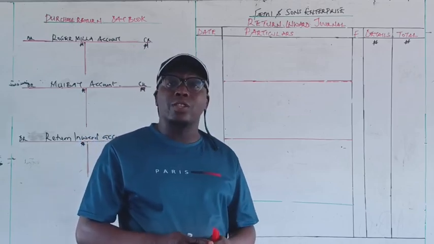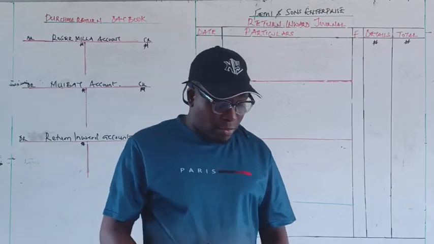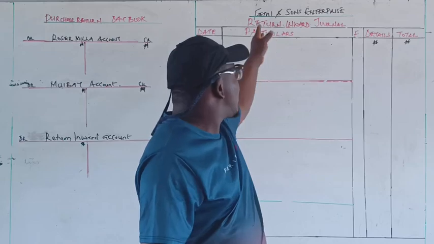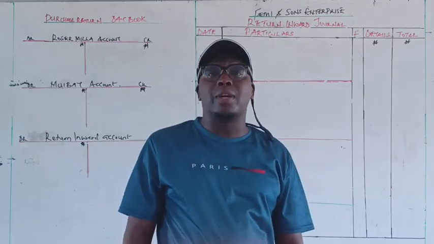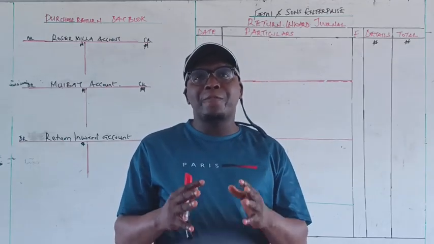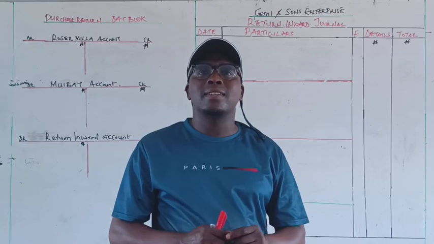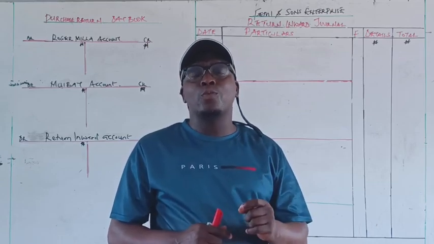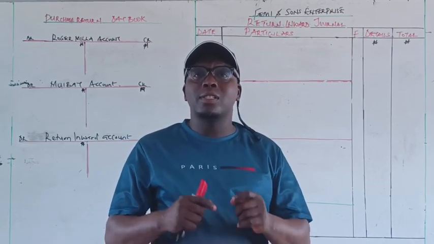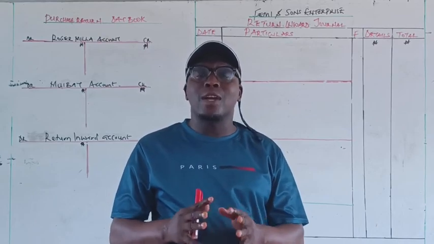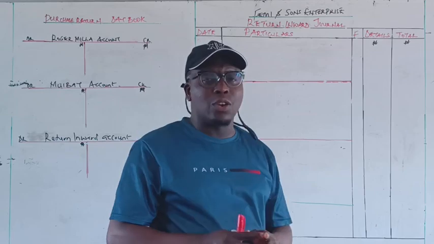Let's look at the question under the business of Femi and Sons Enterprise. If you have been following us on this channel, you realize that when we started with the sales daybook or the sales journal, we used the transaction of Femi and Sons.